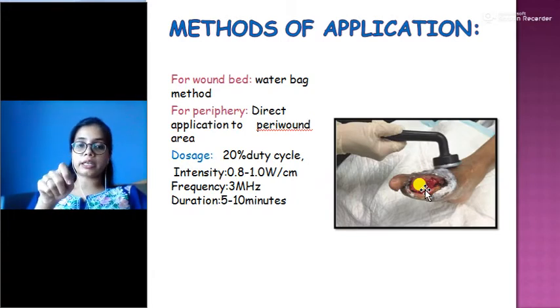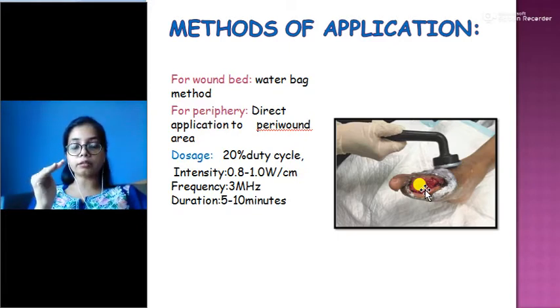The ultrasound conducting gel is also applied between the head and the bag, and then the ultrasound is given. We do not provide direct contact to the wound when it is applied on the wound bed. Whenever you are applying it to the periphery of the wound, it can be applied directly, as you can see in this diagram.